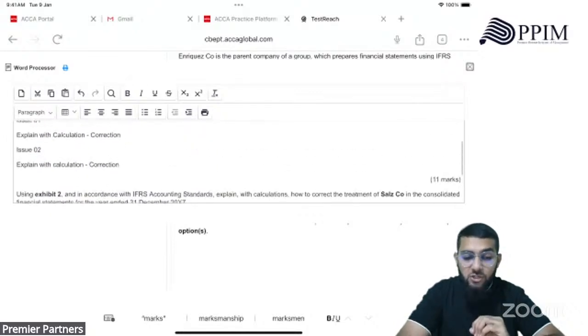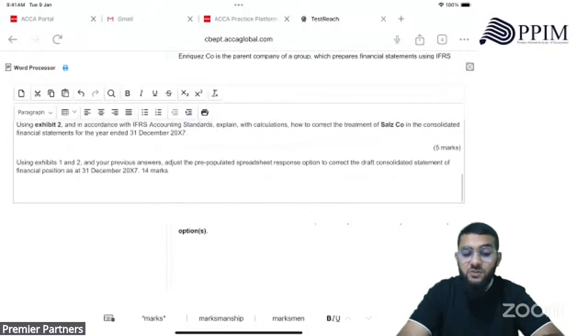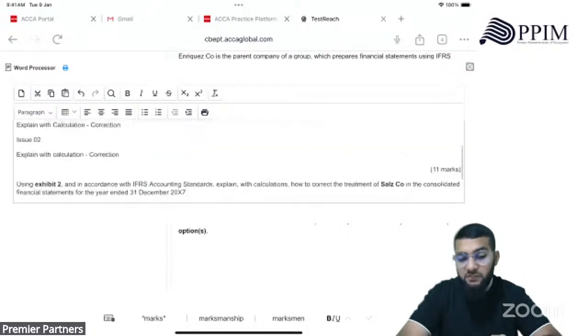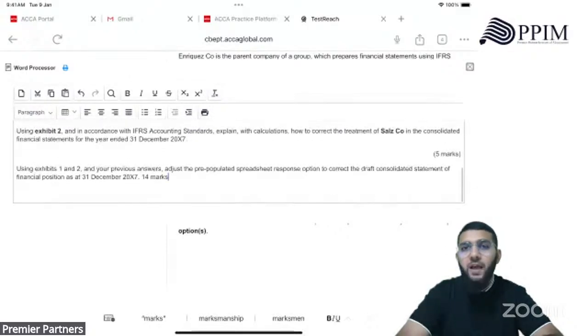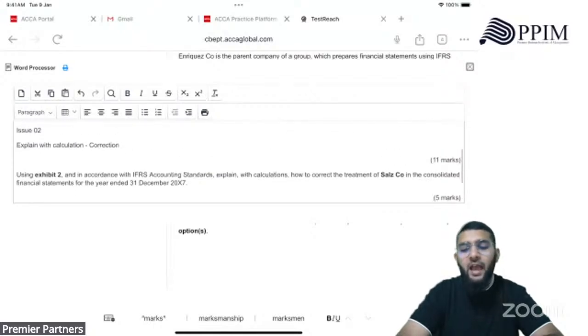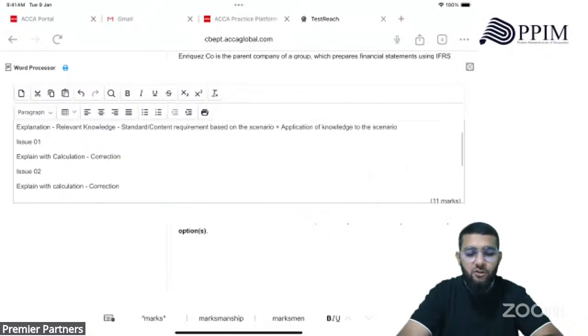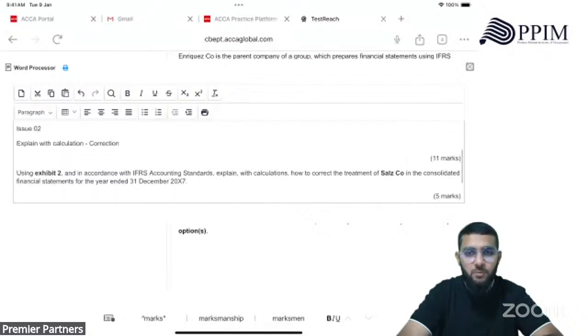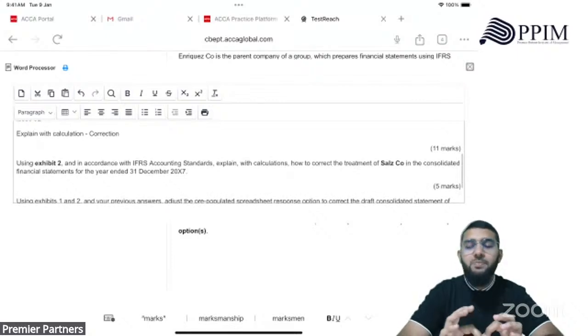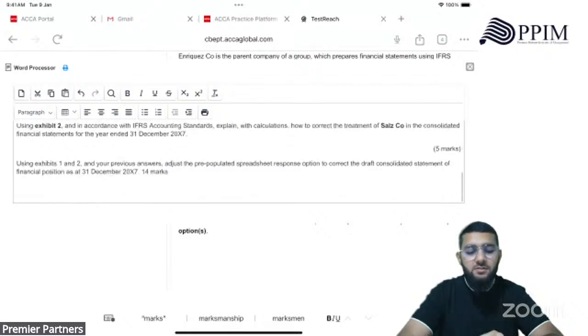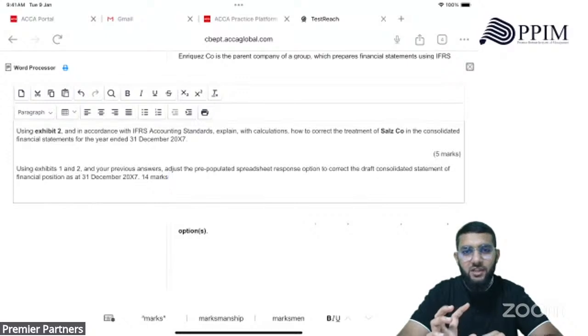You identify all the issues, and whatever issues are identified, that's what you have to go and correct, right? You have identified the correction here. You have to just plug in those numbers. So these 14 marks would be free for you had you done a good job in the 16 marks in requirement A and requirement B. If you complete that with precision, it's just a matter of plugging your answers or corrections into requirement C, your pre-populated spreadsheet.